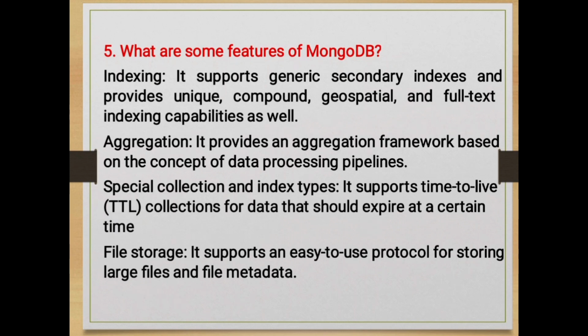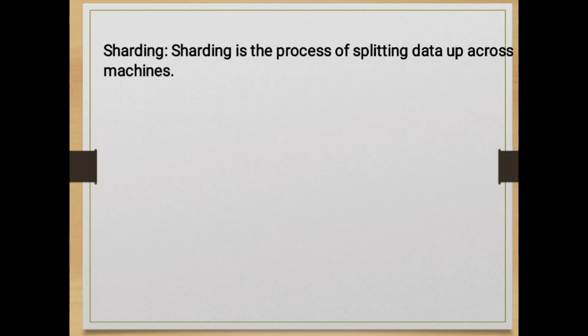It supports time to live collections for data that should expire at a certain time. File storage. It supports an easy to use protocol for storing large files and file metadata. Sharding. Sharding is a unique feature of mongoDB. Sharding is a process of splitting data up across machines.